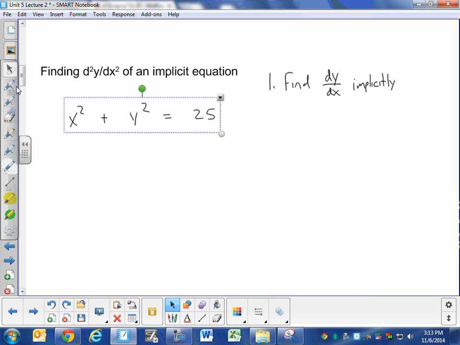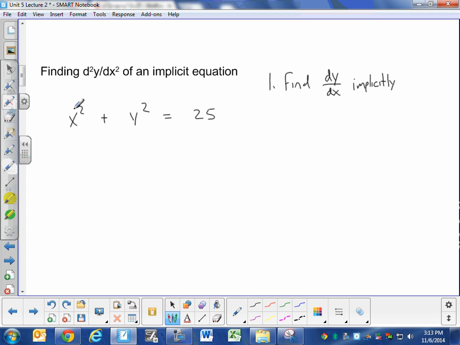To find the second derivative, this is the notation for second derivative. I'll show you where it comes from again. We start by finding the first derivative. Making sure we take the derivative of both sides.